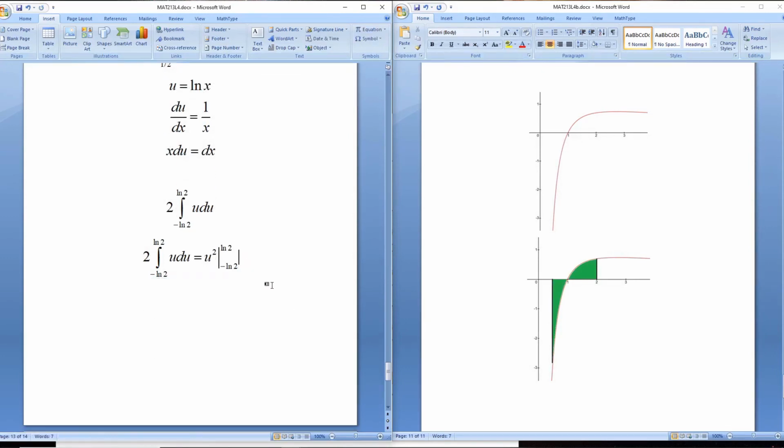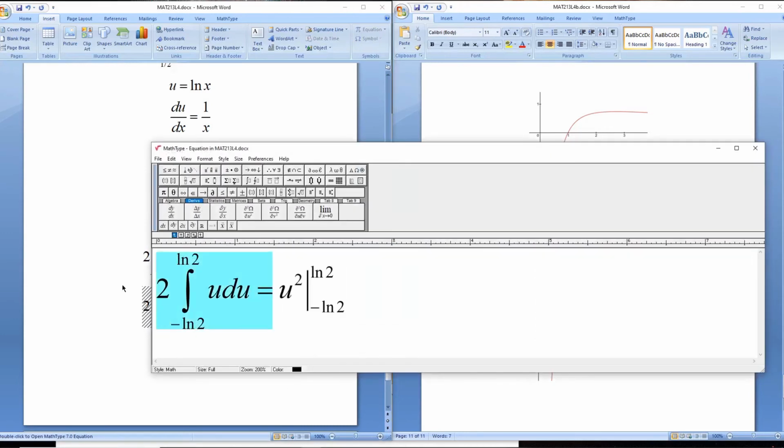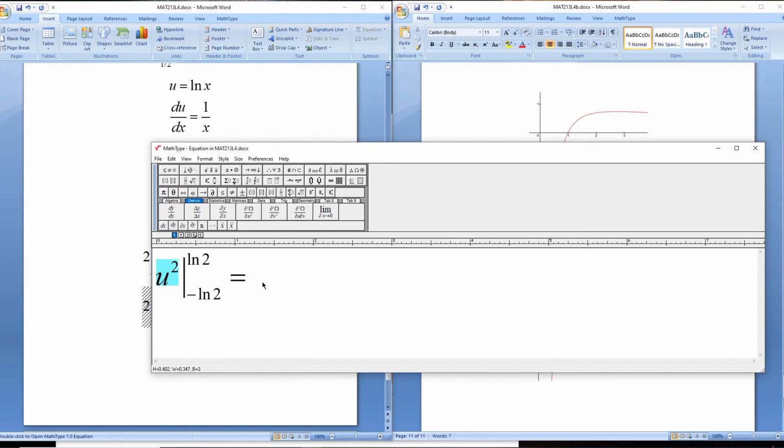And now that we've done our second step of getting the antiderivative, we will now do the fundamental theorem of calculus on it. So that means f of b minus f of a. So we're going to take the function, plug in the upper limit, so that's log 2, and then we subtract off plugging the lower limit into the function.